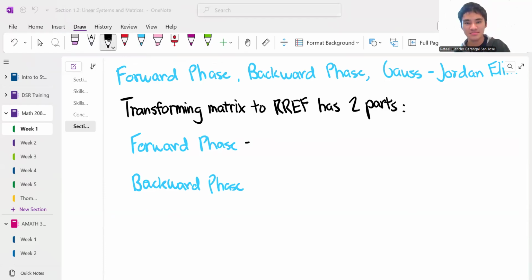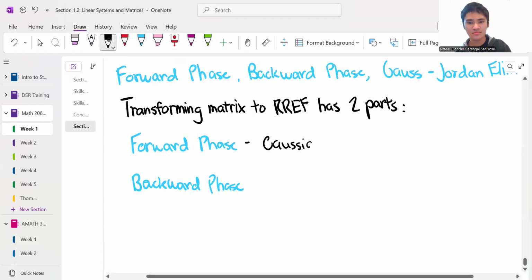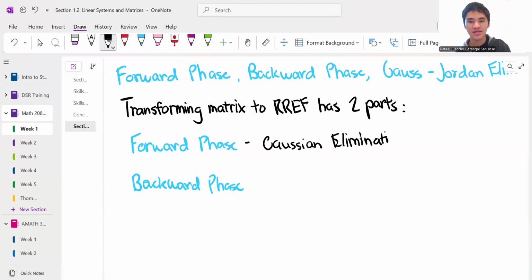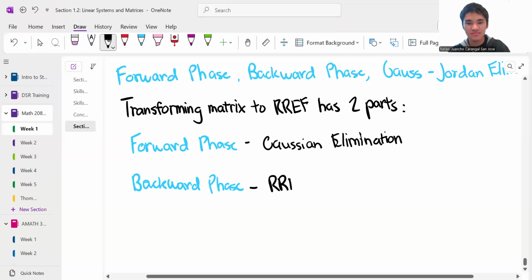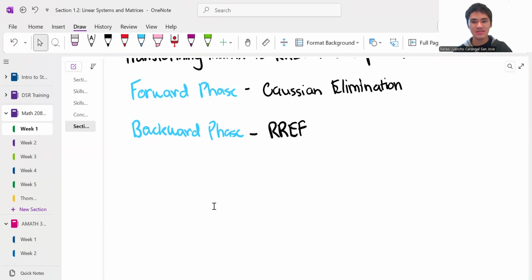Forward phase: Gaussian elimination. So it's doing elementary row operations again and again until we get to echelon form. Not reduced, but echelon form. Backward phase: basically, it completes the RREF. So that's when we continue doing Gaussian until we get the reduced row echelon form.